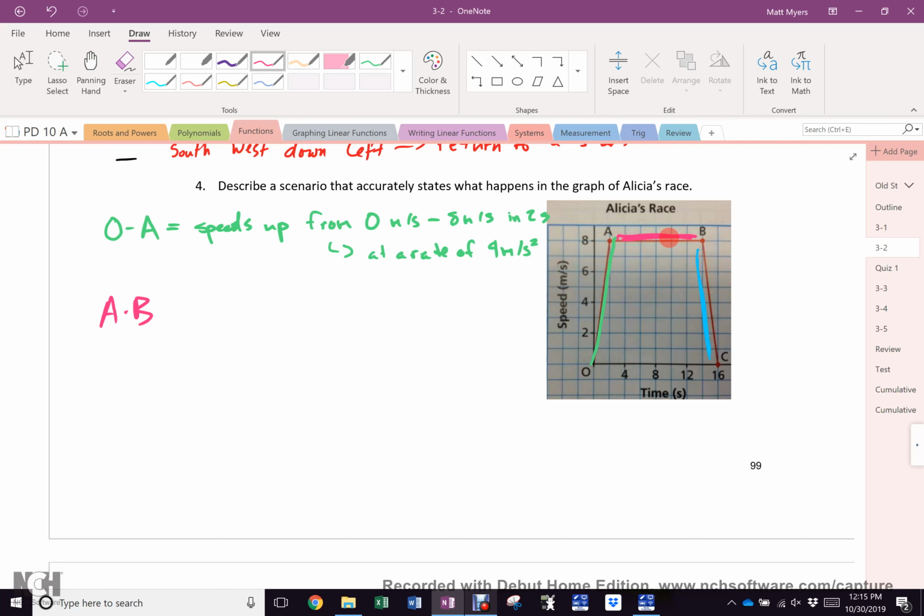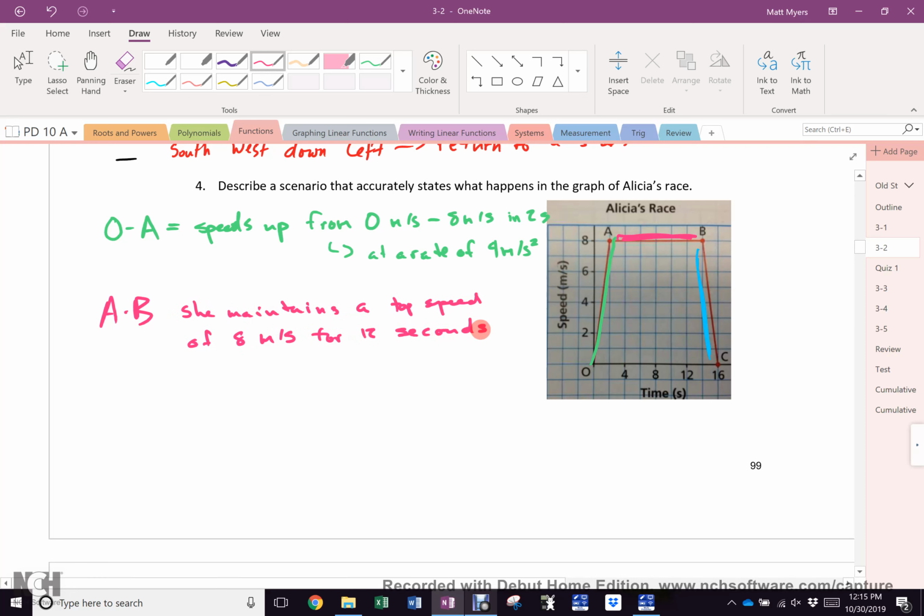Excellent. So, she maintains a constant, you could even say top speed, of 8 meters per second for 12 seconds.